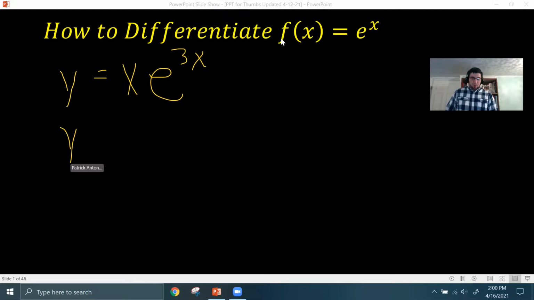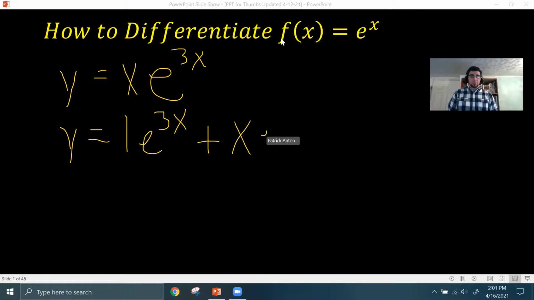Now, there are a number of ways that the product rule is written, depending on the textbook and your teacher and their preference. But as long as you have derivative of one factor times the original of the other, plus the reverse of that, you're fine. I like to teach it as the derivative of the first, which would be x, times the second, plus the first times the derivative of the second.